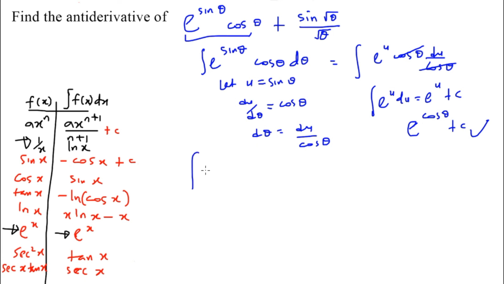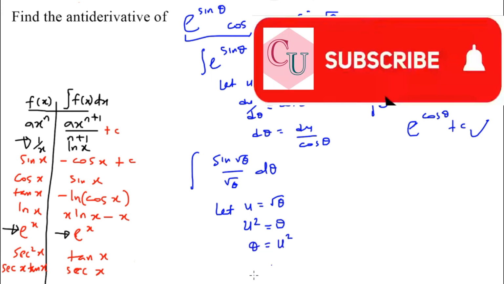Now let's find the integral of sine root theta upon root theta. So I just need to say that let u be equal to root theta, or if I square both sides, u squared will be equal to theta. So I can simply say that theta is equal to u squared.